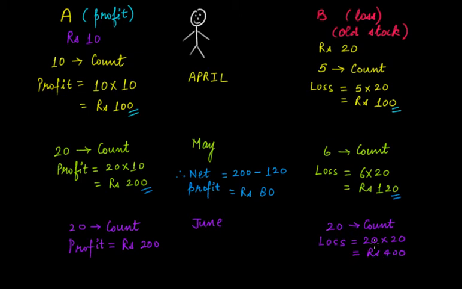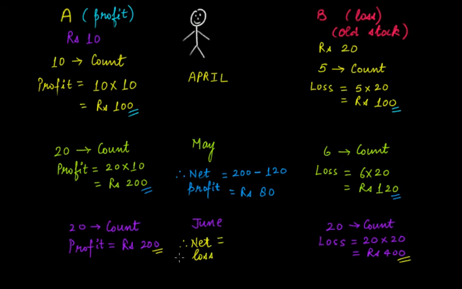Now you'll see that this 200 is less than rupees 400. That is in the month of June. You are making a net loss, because the profit that you're earning from A is less than the loss you're making due to item B. So therefore you're in a net loss.